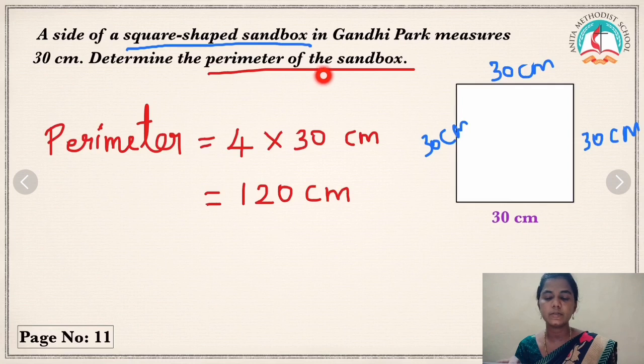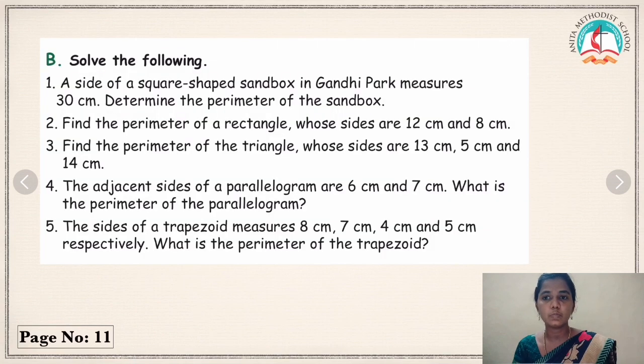Therefore the perimeter of the sandbox is 120 centimeter. Okay, if you use the formula like this means you will get the answer in an easier way. Okay, so in page number 11 you have more word problems, children. After this video you can work out those sums in your maths class work.